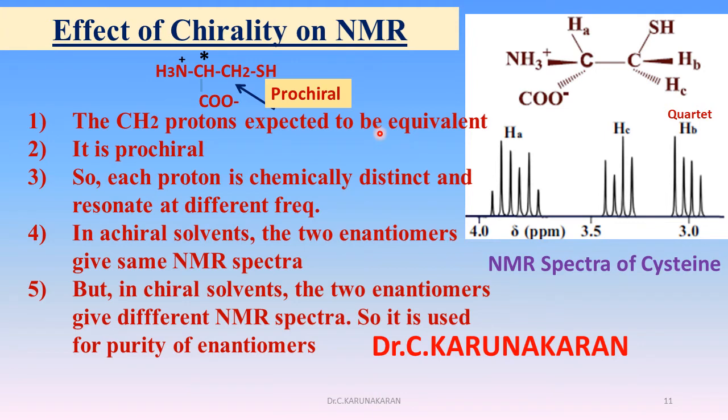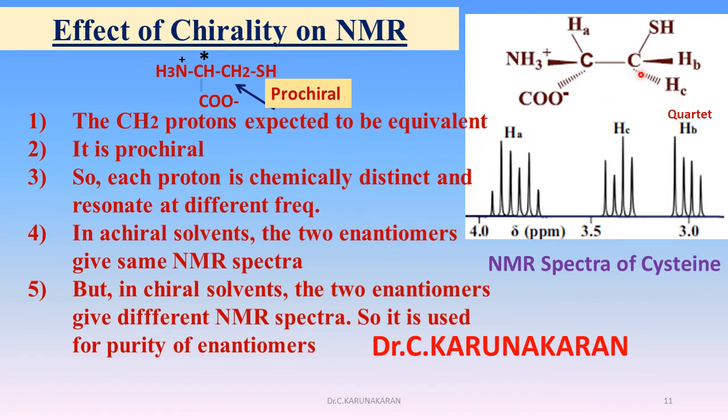Here, let us study the effect of chirality on NMR. Most amino acids are chiral molecules. They have an asymmetric carbon atom in them. For instance, cysteine is an amino acid. If you look at the 2D structure, the methylene protons are expected to be equivalent.